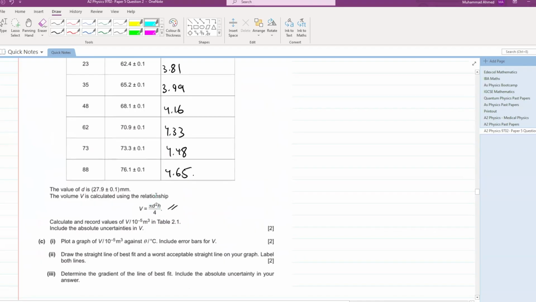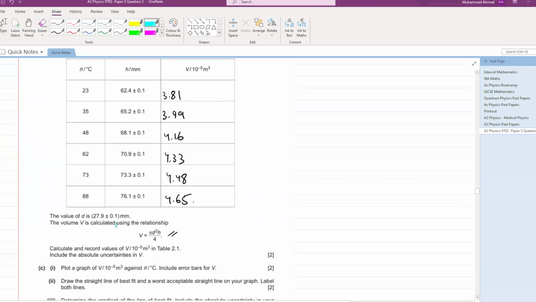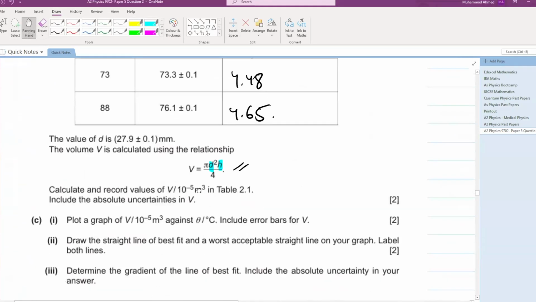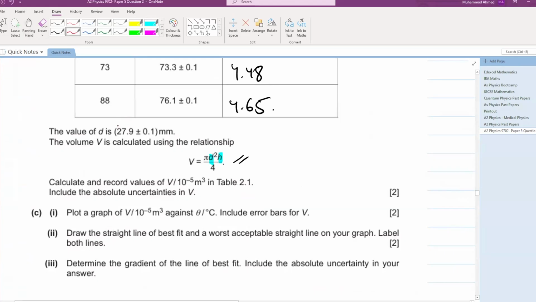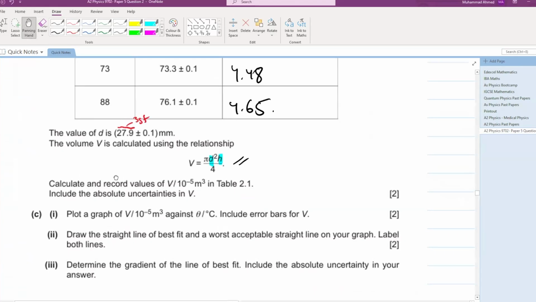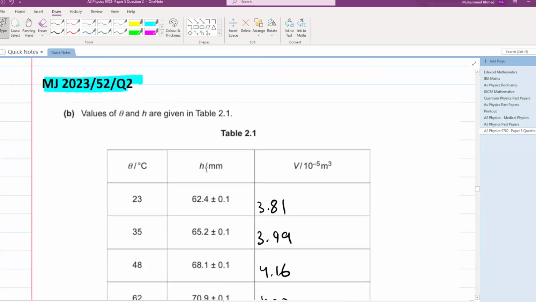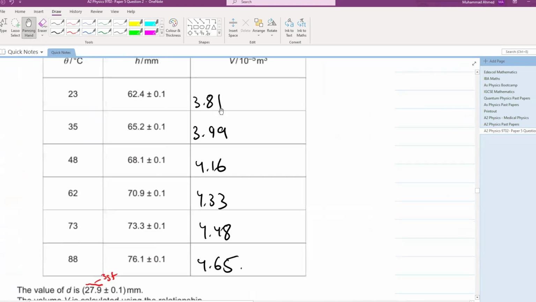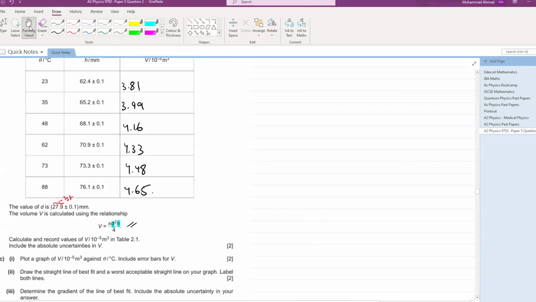There are two raw data, the value of D and the value of H. How many significant figures does D have? 3. How many significant figures does H have? 3. So I have written my final answers to 3 significant figures, all of them. Let's keep on filling the rest of them.